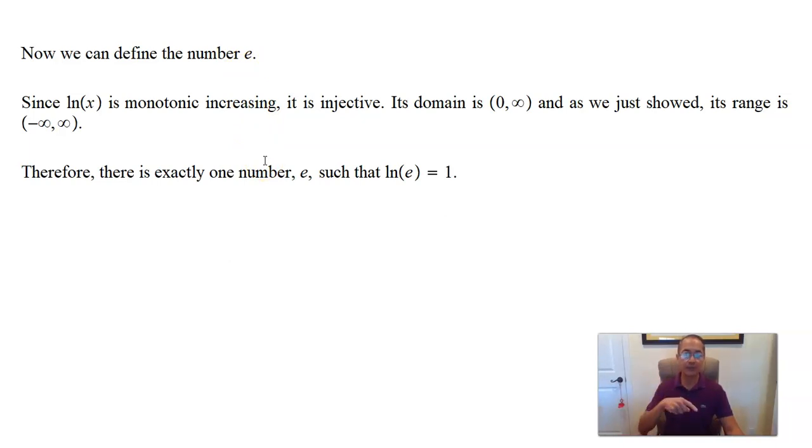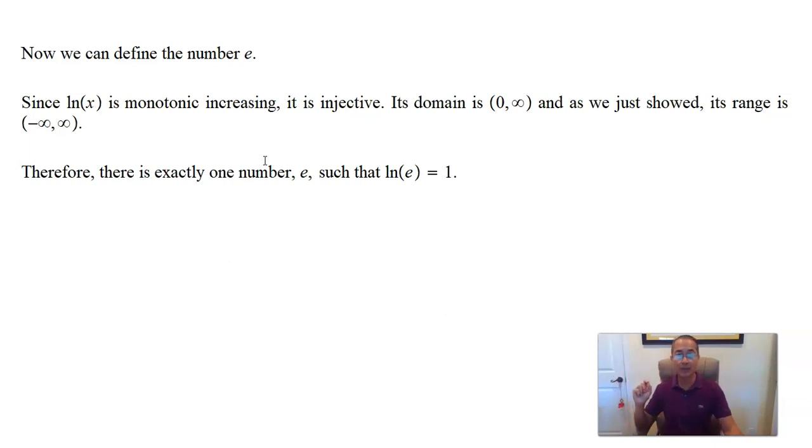Our function is monotonic increasing, and as you approach 0 from the right, you're diving down to minus infinity. But as x goes to positive infinity, ln of x is also going to positive infinity. So that means that you're hitting every number from minus infinity to positive infinity.